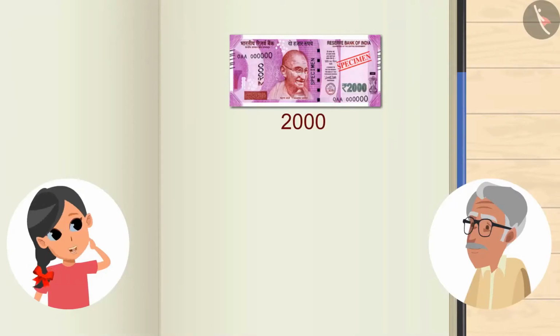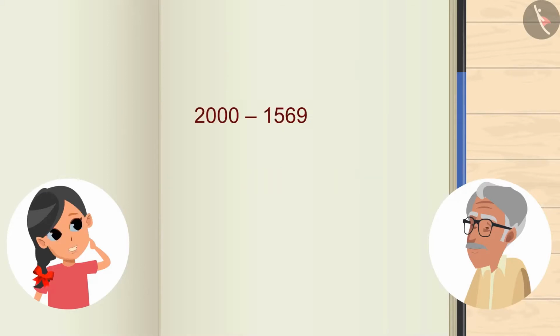But Grandpa, it's more than 1569. How much more is it? If we subtract 1569 from 2000, we will be left with 431 rupees. Oh, wow, Grandpa. It worked with only 1 note.